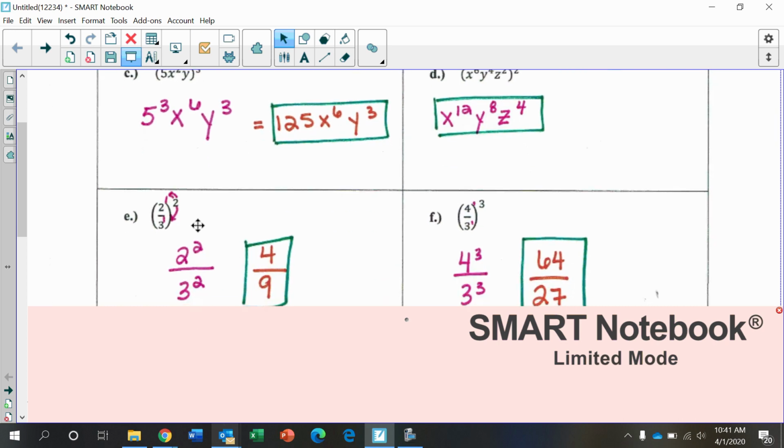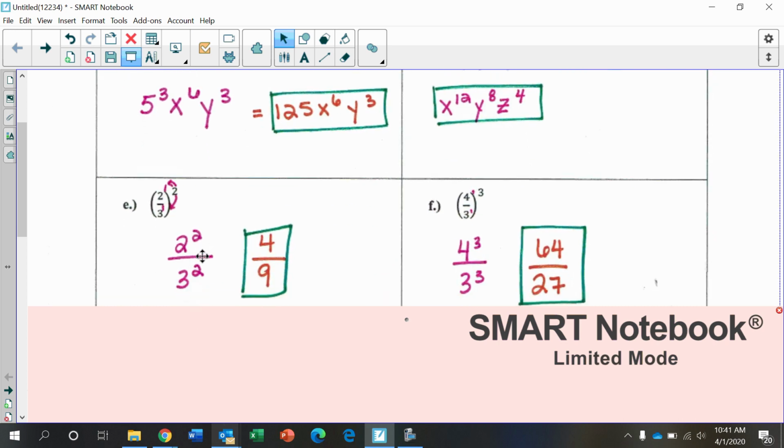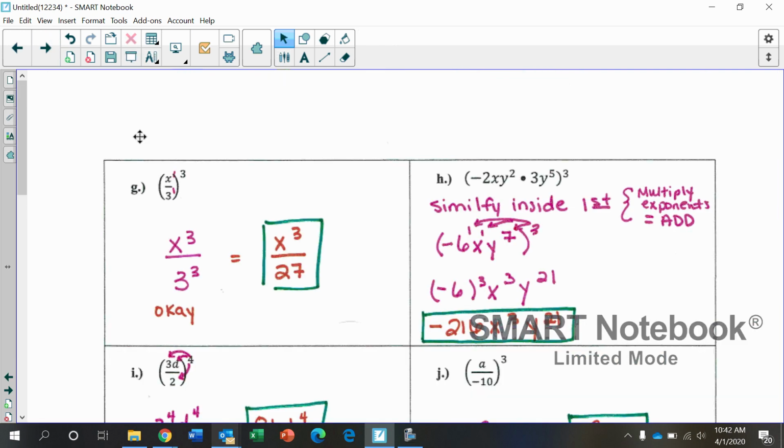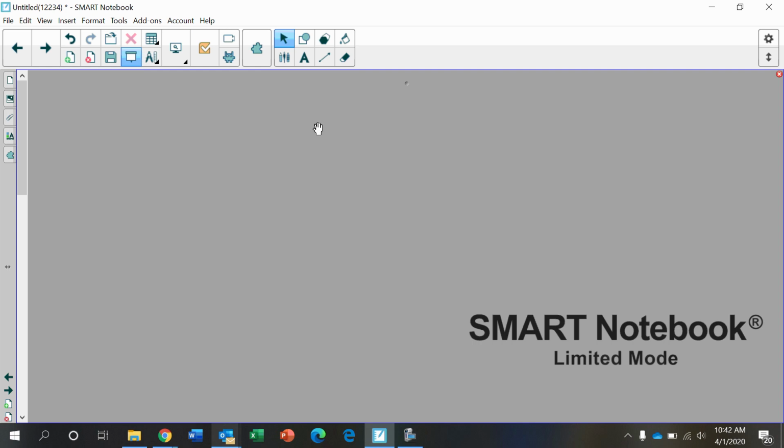This is what we get. I'm just evaluating. 2 squared is 4. 3 times 3, 9. Okay, same thing over here. 4 times 4 times 4, 3 times 3 times 3. This is what we get. We're moving on. Okay, I think we're done with that one.